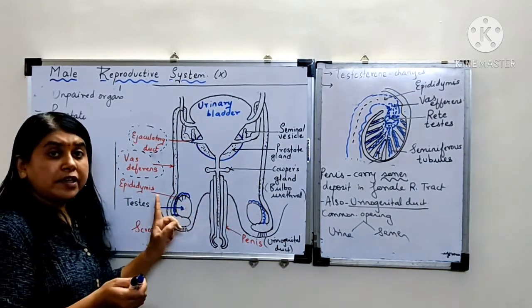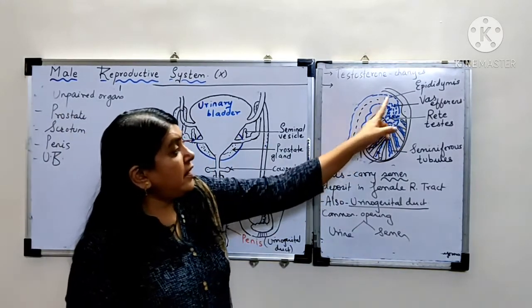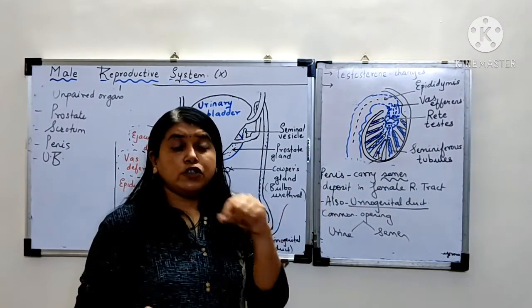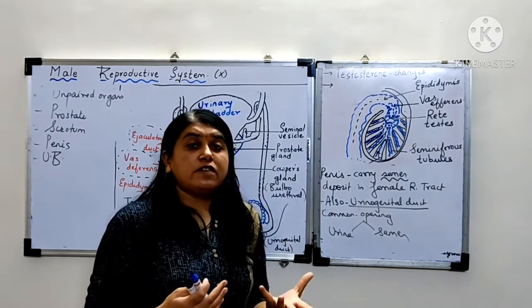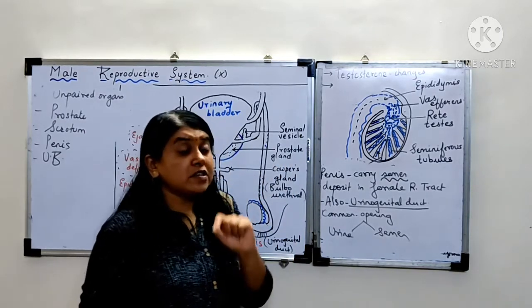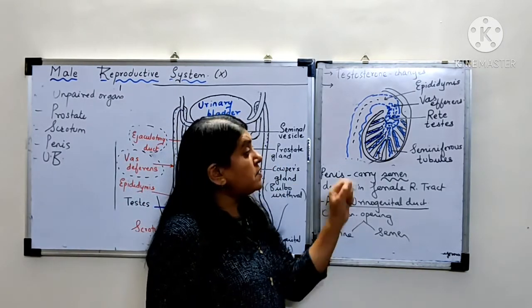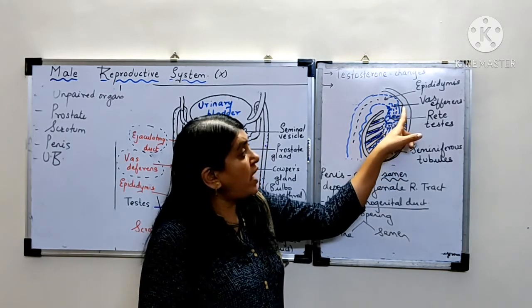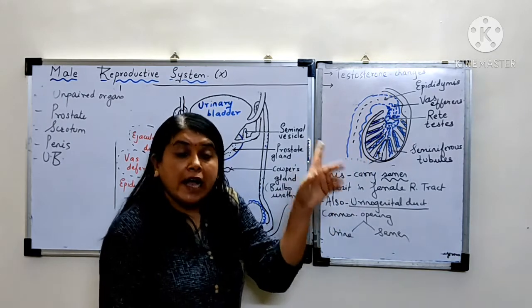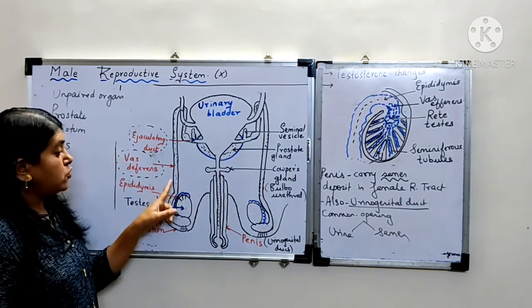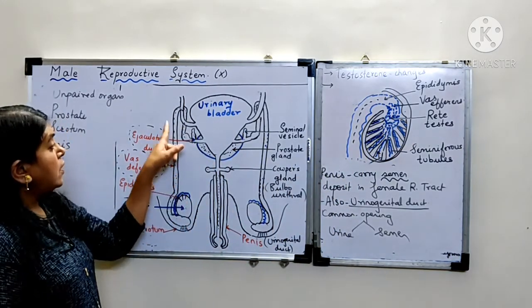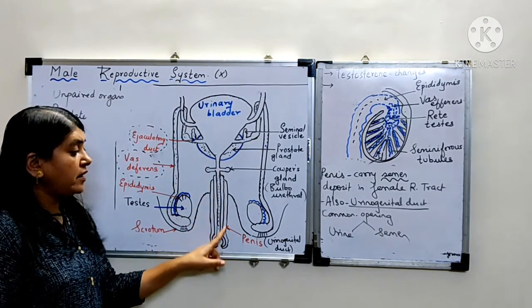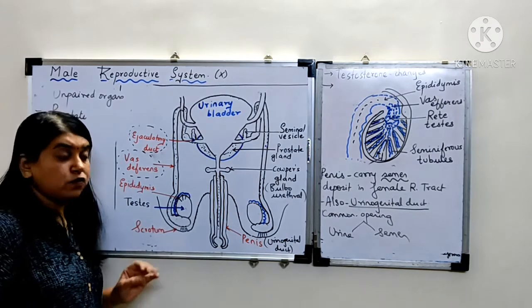Sperms are produced here in the testes. Testes contain seminiferous tubules. The cells of the seminiferous tubules undergo meiosis to form the sperms. Sperms are carried from seminiferous tubule through rete testes, vasa efferentia, epididymis, and then from epididymis to the vas deferens, then ejaculatory duct, then the urinogenital duct, that is the penis, and to the outside of the body.